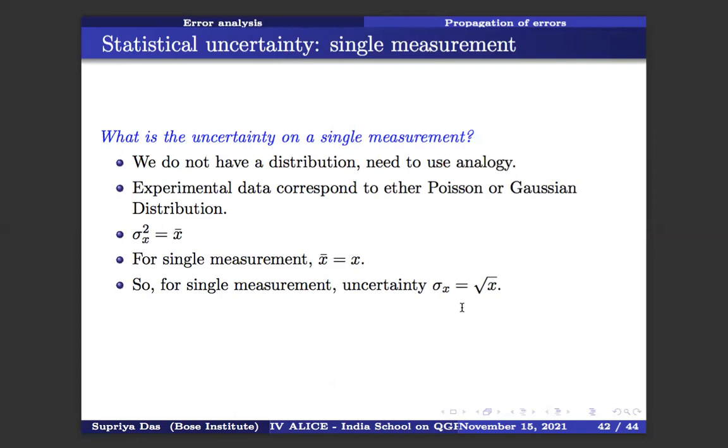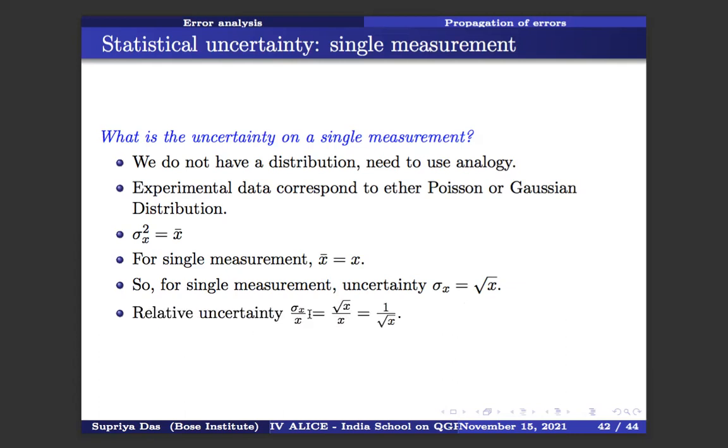So you actually can quote an uncertainty even for a single measurement, from an analogy, of course. You can claim that you have measured it very nicely so there is no uncertainty, but that is not true, because if you measure another time, you may not get the same answer. So it is always prescribed to quote an uncertainty even for a single measurement.